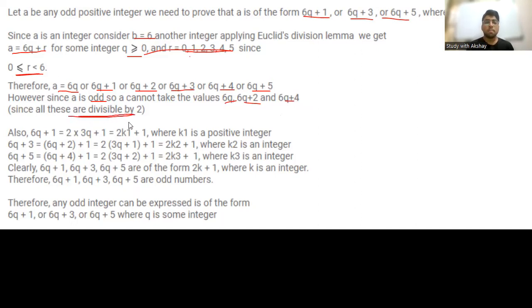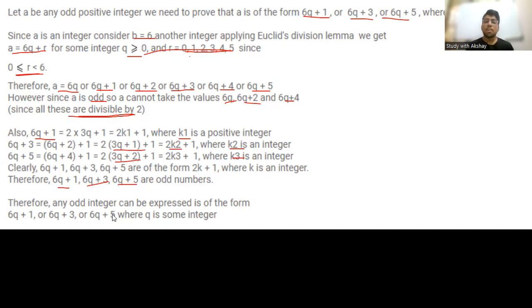So 6q plus 1 is 2 times 3q plus 1. 3q is nothing but k1, which is a positive integer. 6q plus 2 plus 3 means 2 times 3q plus 1, which is again a positive integer, k2. 6q plus 4 is 2 times 3q plus 2, which is again a positive integer, k3. So 2k plus 1, k is an integer. Therefore, 6q plus 1, 6q plus 3, 6q plus 5 is an odd number.